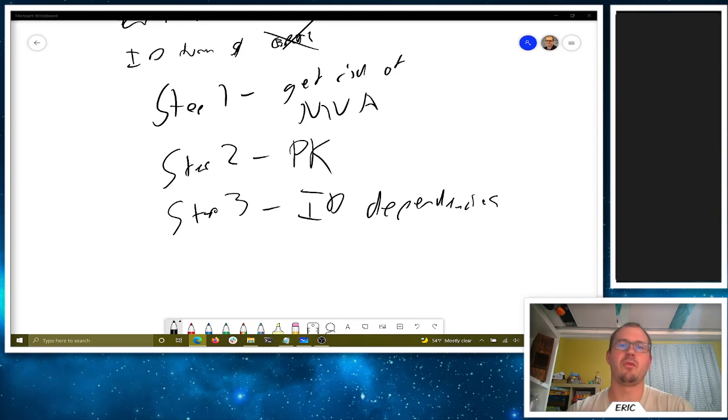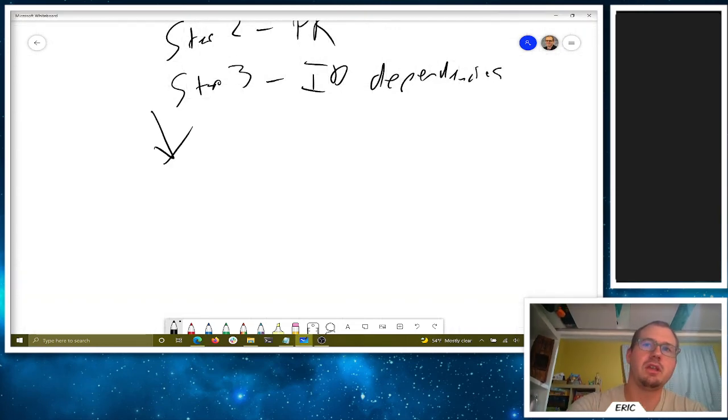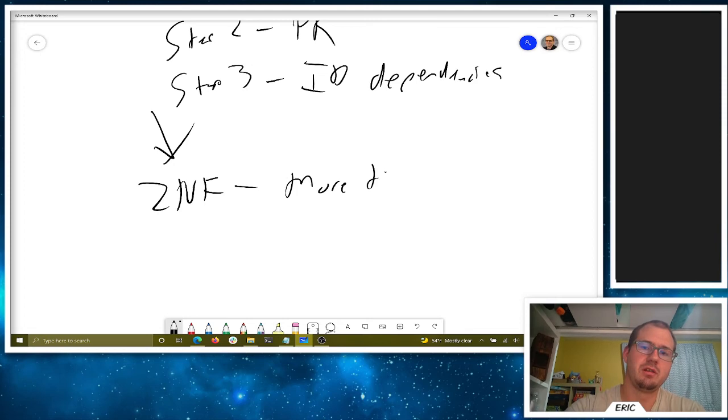Once we've gotten to first normal form, then we can start looking at second normal form. To do that, I need to start making more tables to remove all of our partial dependencies.